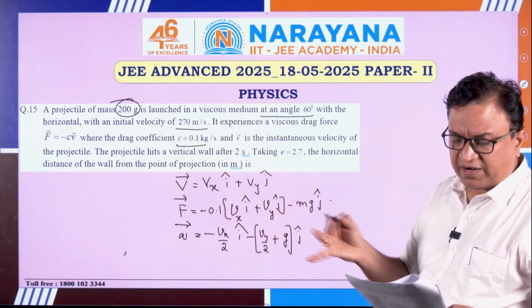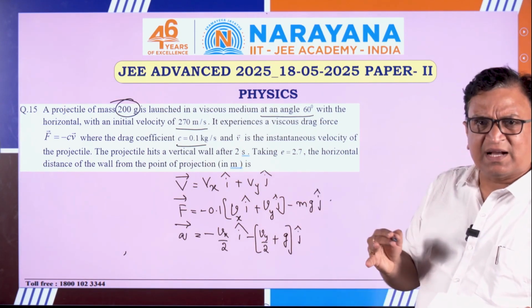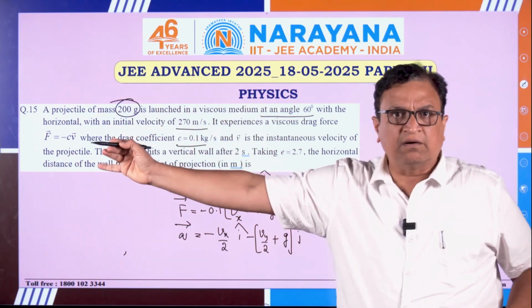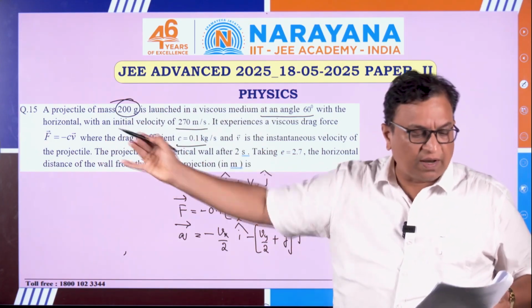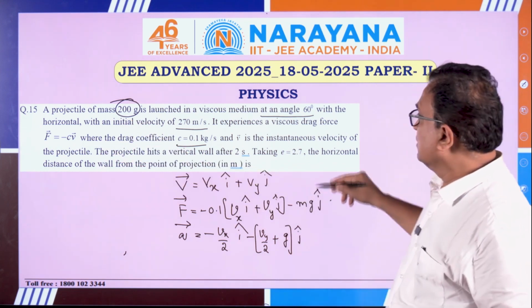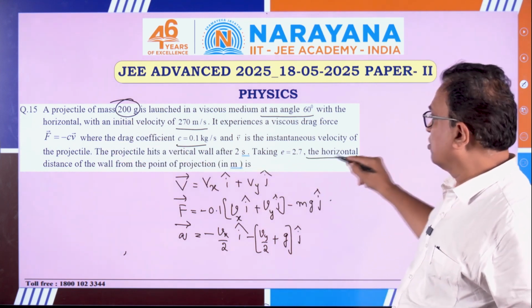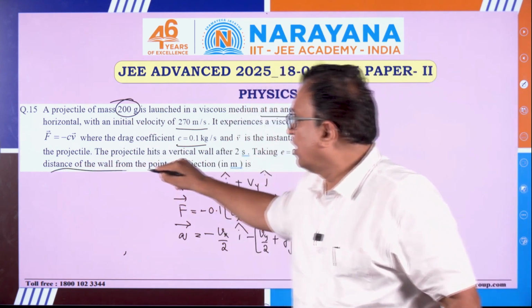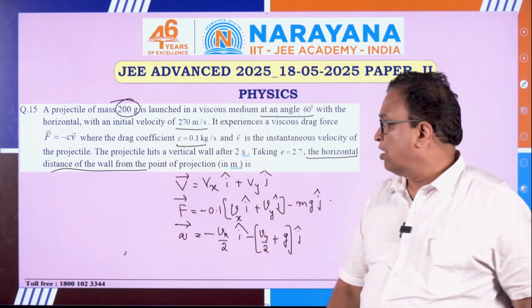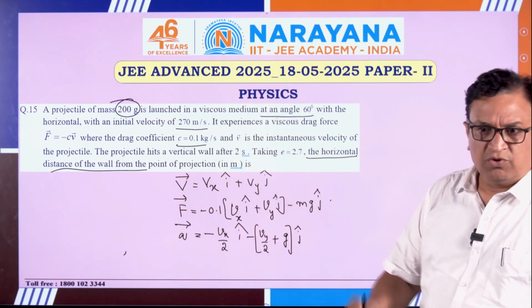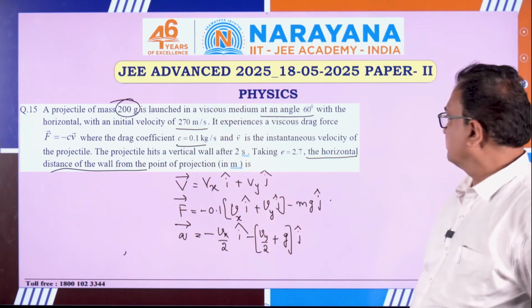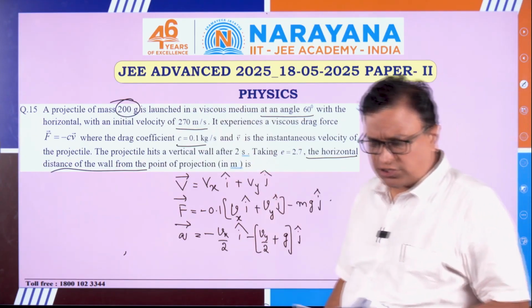Now we study differently. You want basically what is the x coordinate? Wall refers to x coordinate. That too you asked, where, horizontal distance of the wall from the point of projection. So you want x value, right? Fine, no issues.